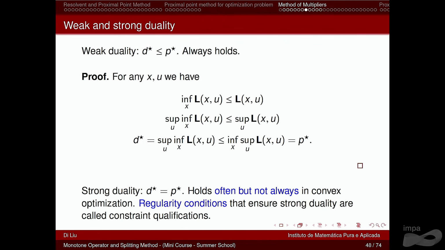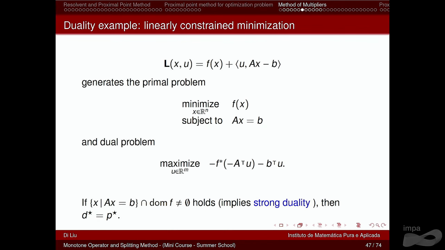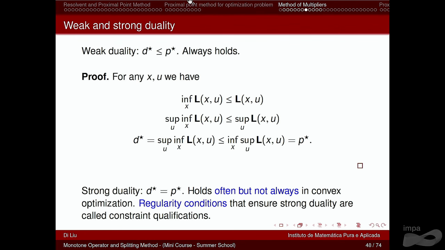Okay. First, we want to analyze a weaker result. If we do not assume there exists this kind of regularity condition for strong duality, what can we get? We can get that D star, the optimal value of the dual problem, is less than the optimal value of the primal problem.